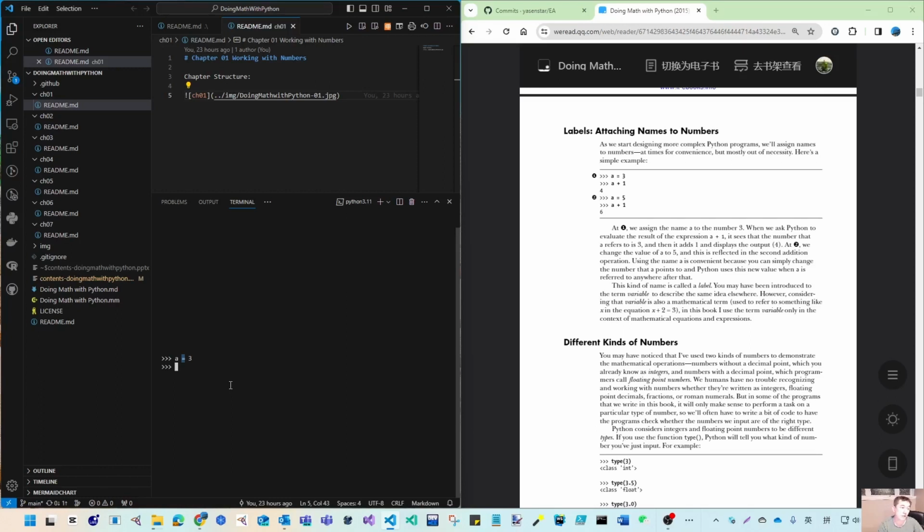Or now we call that simply a label. So we assign 3 to our label, attaching a to the number 3. From now on, no matter whether it's a label or the formal name variable, a is representing our number 3.